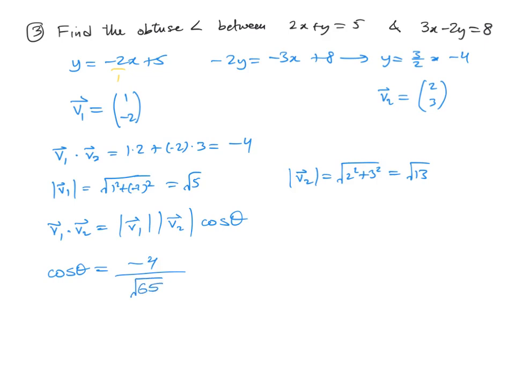And now I'm going to get an obtuse angle here because cosine is negative, so that's good. So theta is cosine inverse of -4 over square root 65, which is going to be 120 if you go to 3 sig figs. It's actually 119.74488, etc., but I'm going to go with 120.